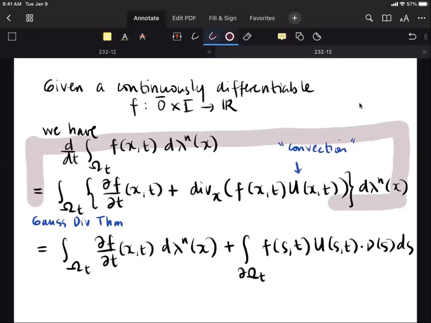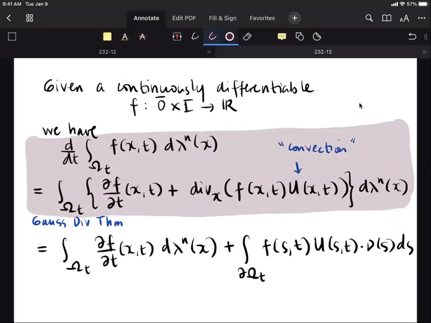And this integral formula plays a fundamental role in deriving, as I said, models in continuum physics, wherein we are taking into account some convective forces.